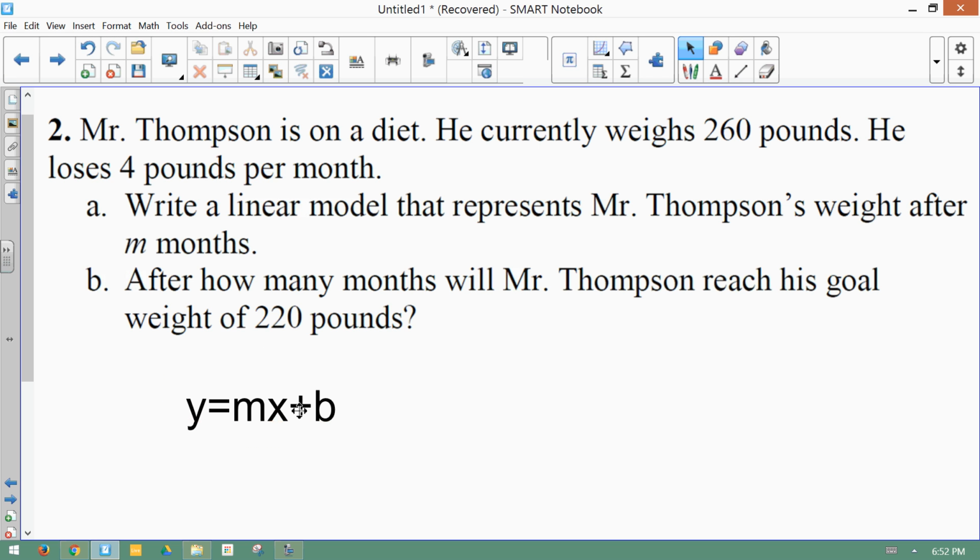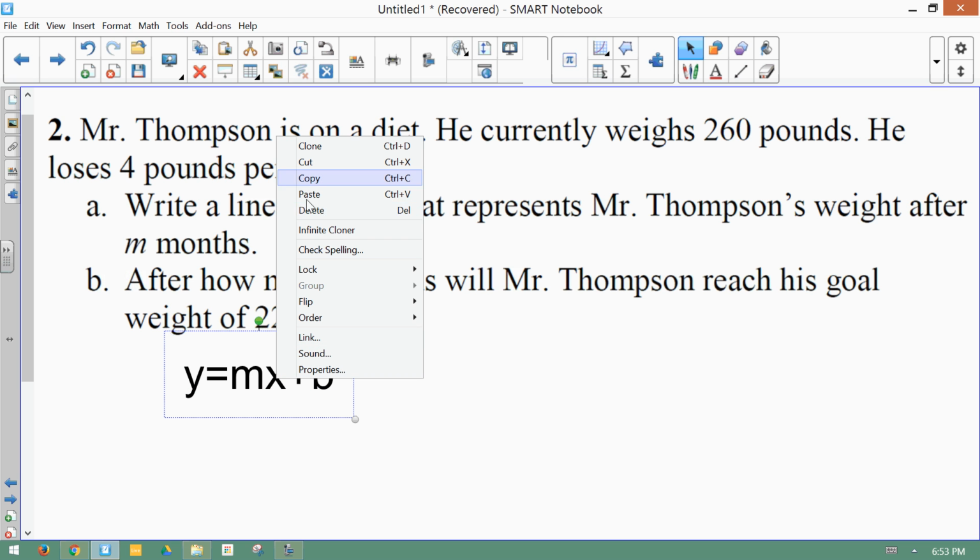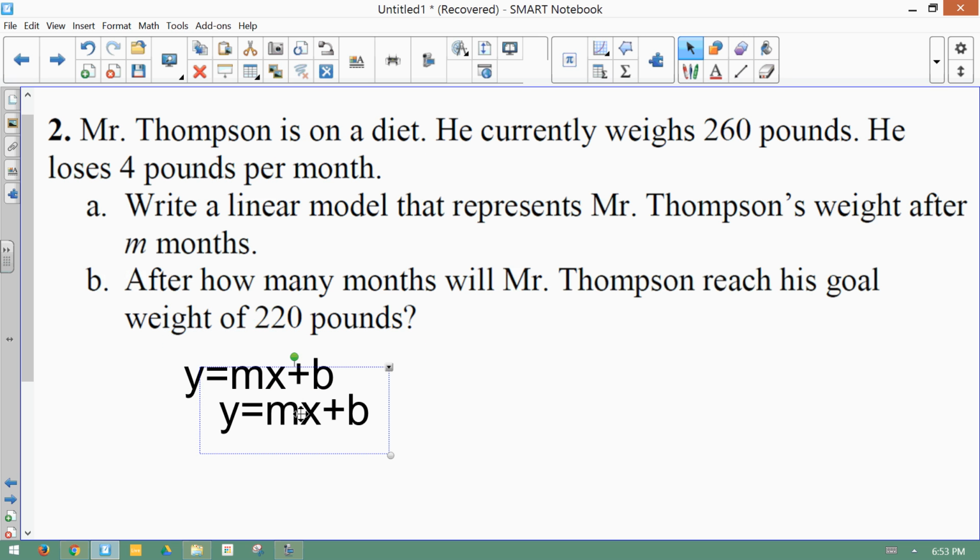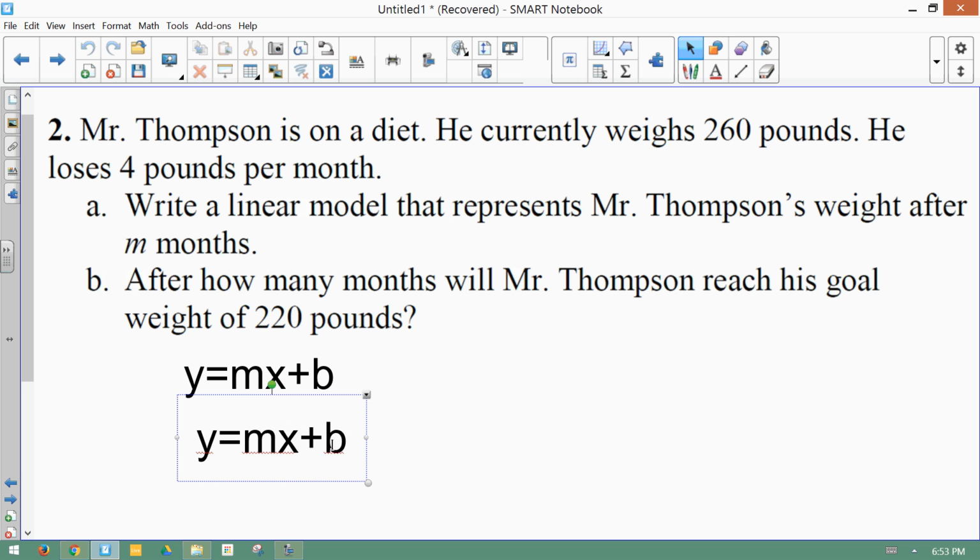Okay, again, B is what he started out with. So we're going to put that there, I can just clone this. B is his starting weight. He started out at 260.